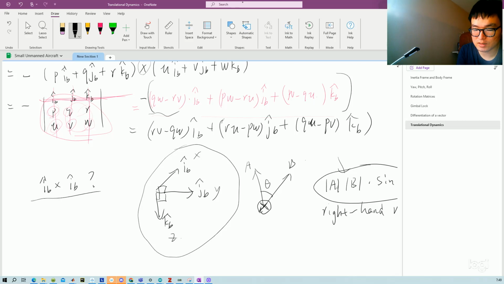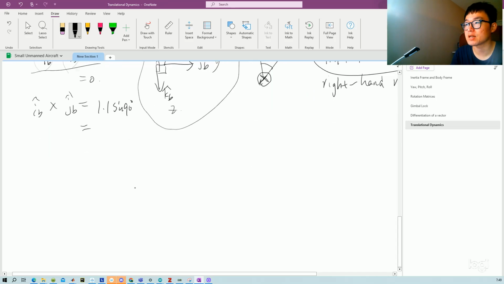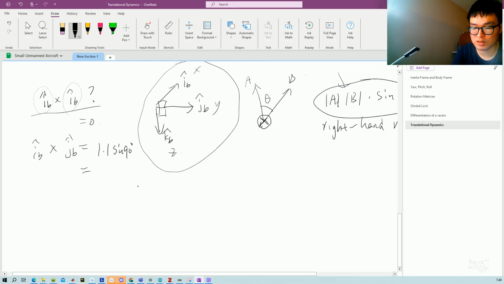So this is obviously 0. Why is that? Because the angle between these two vectors is essentially 0 degrees, and sine 0 gives you 0. What about IB hat cross product with JB hat? In terms of magnitude, it is 1 times 1 times sine 90 degrees, and sine 90 degrees is also 1, so it's essentially 1.